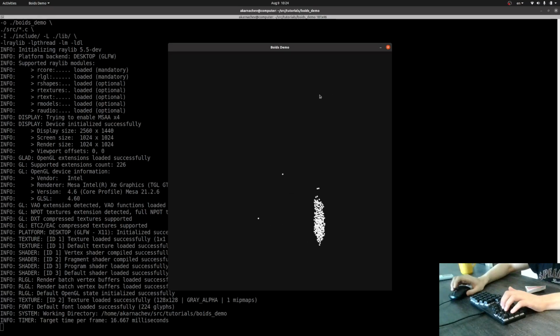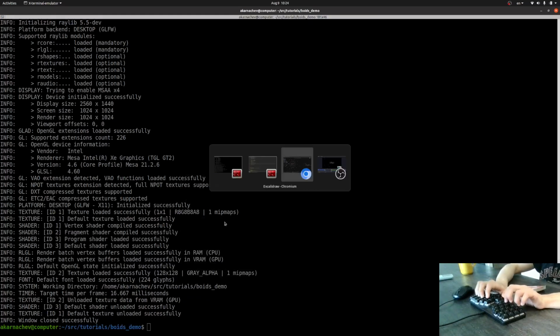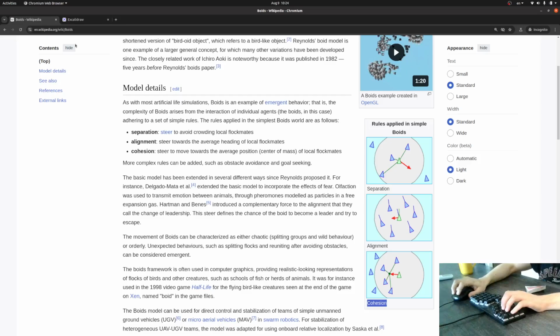But in our situation, it looks strange. So maybe we should start not with the cohesion force, but with the alignment force. And alignment force, well, I don't think that alignment force would help us with this issue, but at least, I don't know. Well, no, let's implement cohesion.